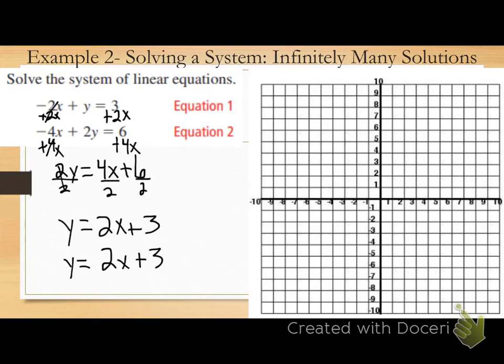Let's graph it real quick. Y-intercept, 3. My slope yet again is what? 2 over 1. Up 2, right 1. Down 2, left 1.